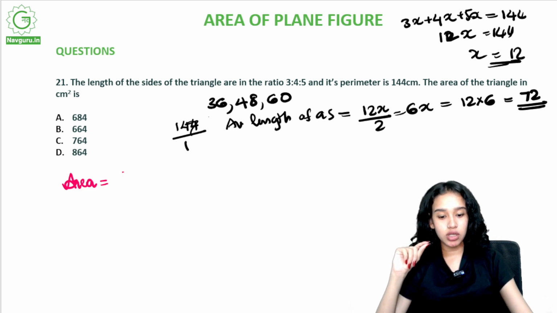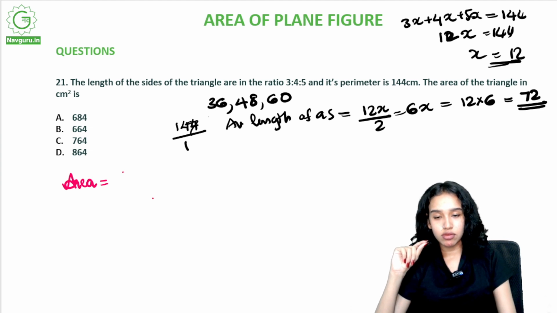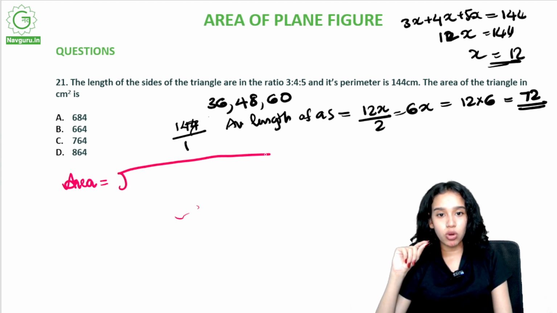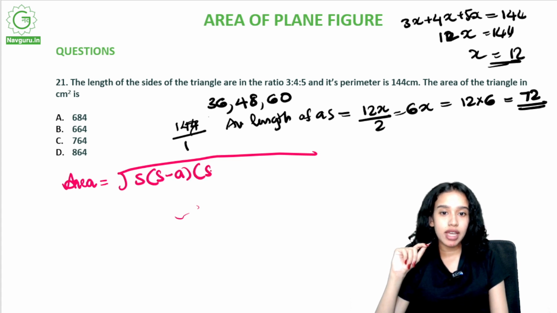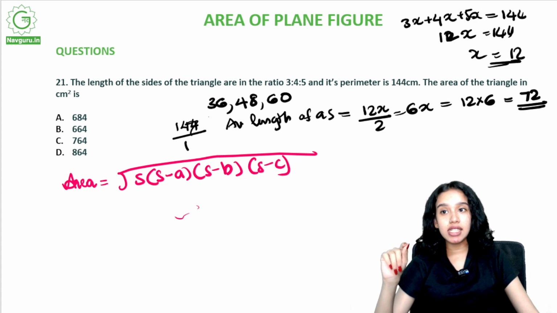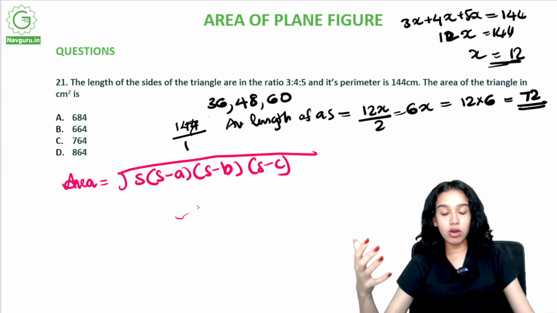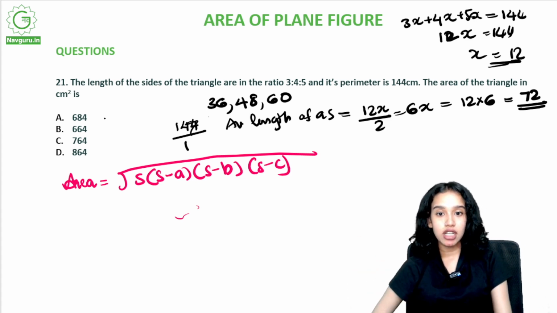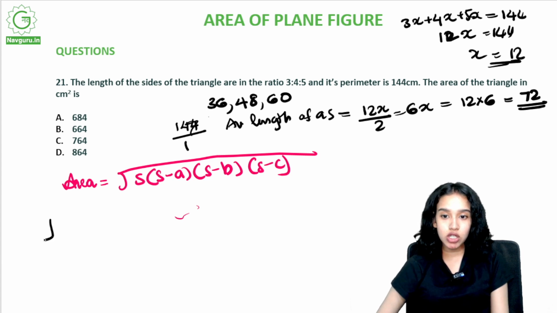Now what is s? S is the average length of the side of a triangle. So here we got s as 72, right?